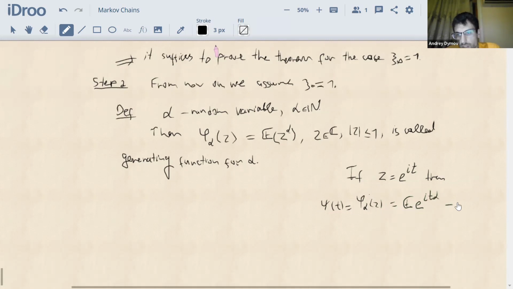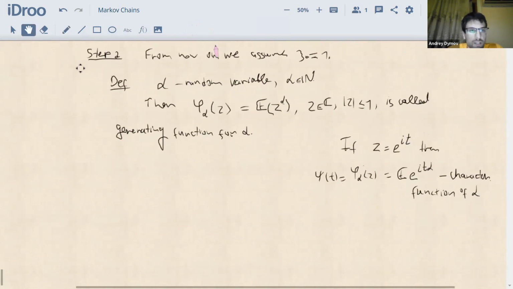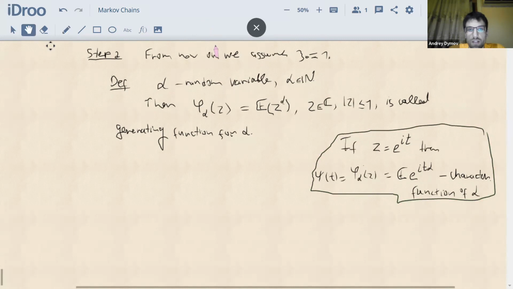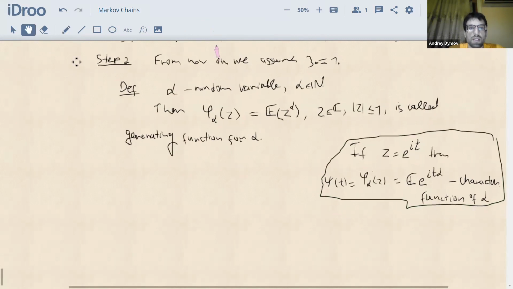And what is this? This is just the characteristic function of the random variable alpha. This is for those who have already taken the course of probability, because they know that the characteristic function plays a central role in results like the central limit theorem and so on. And moreover, the characteristic function uniquely determines the distribution of the random variable alpha.